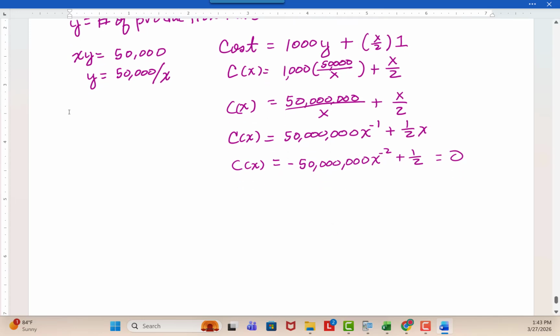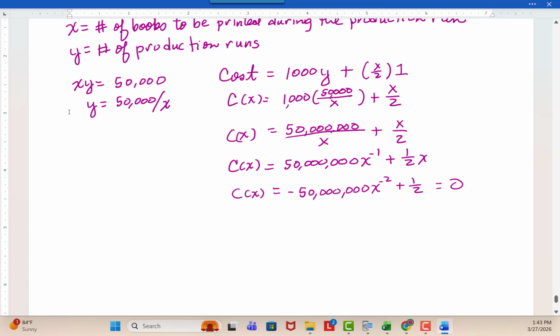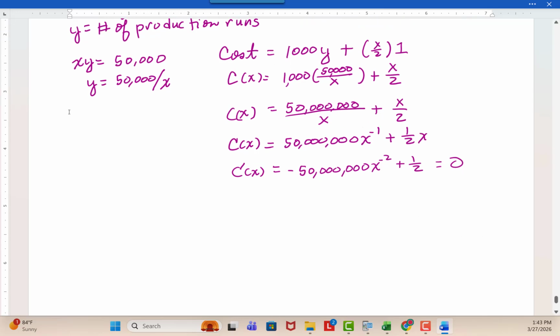Now this is my derivative. We're going to set the derivative equal to 0 and solve.